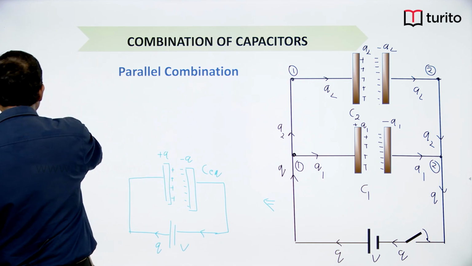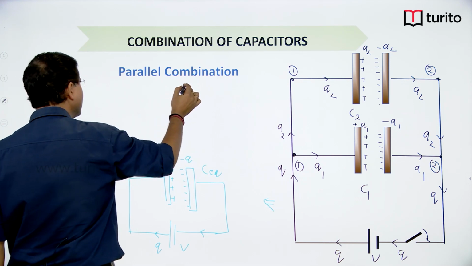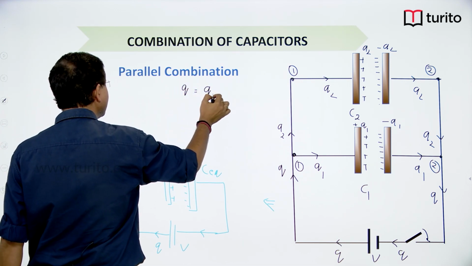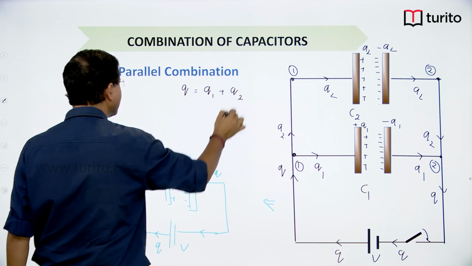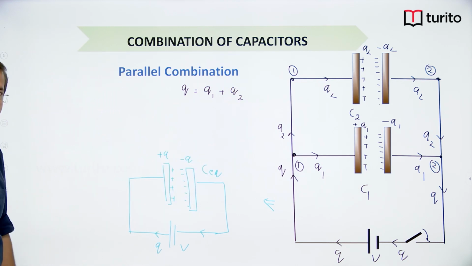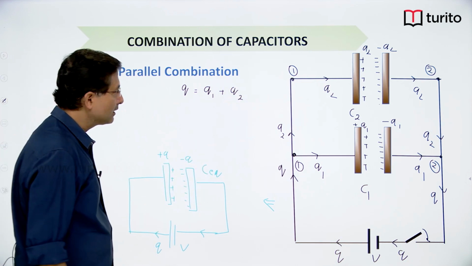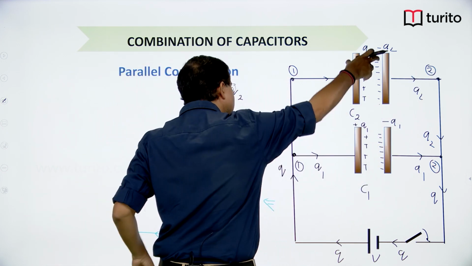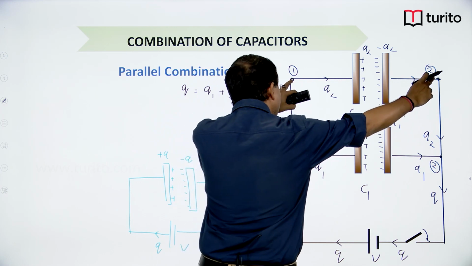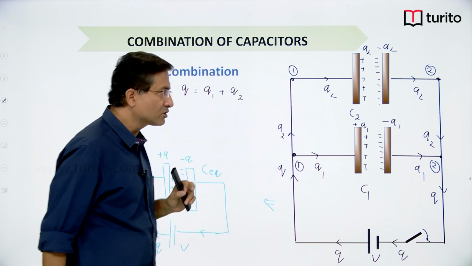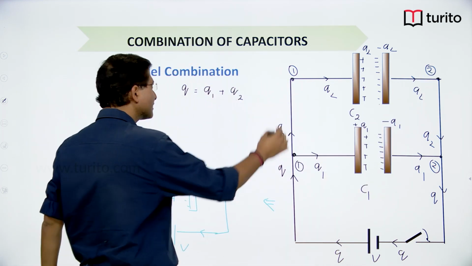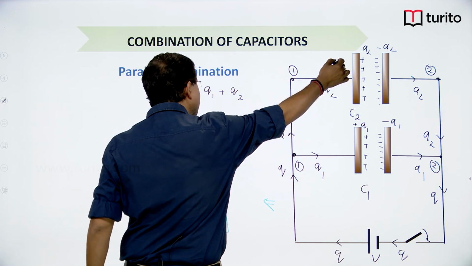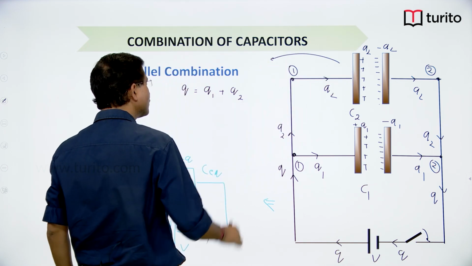So I can write Q is equal to Q1 plus Q2, right. And if I just look at this capacitor, Q is equal to CV.